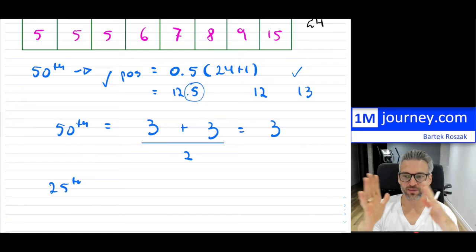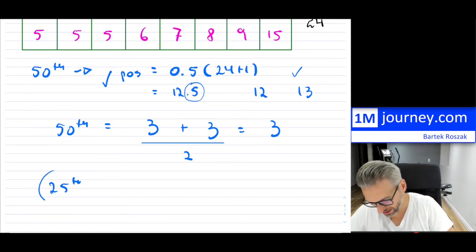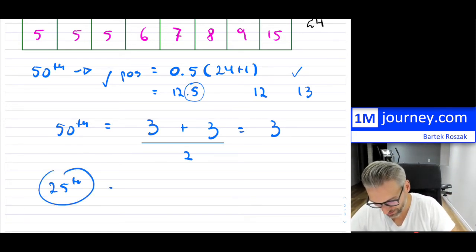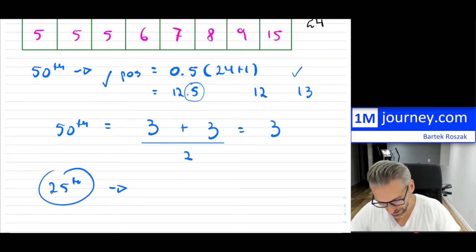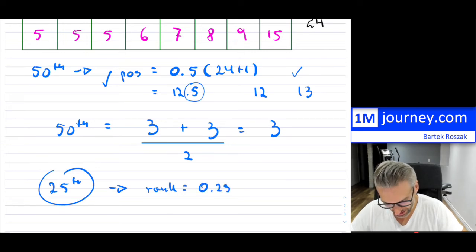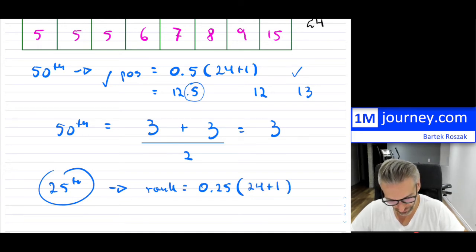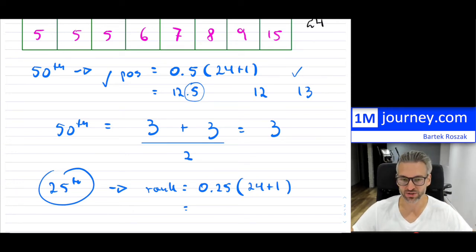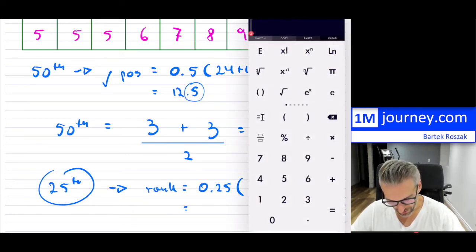But if you're thinking about percentiles and now you're taking the 25th, notice what happens here. My position or my rank is equal to 25%, which is 0.25, times the total data set points, which is 24 plus 1. So 24 plus 1 is 25, and if I'm not mistaken, the answer is going to be 6.25.